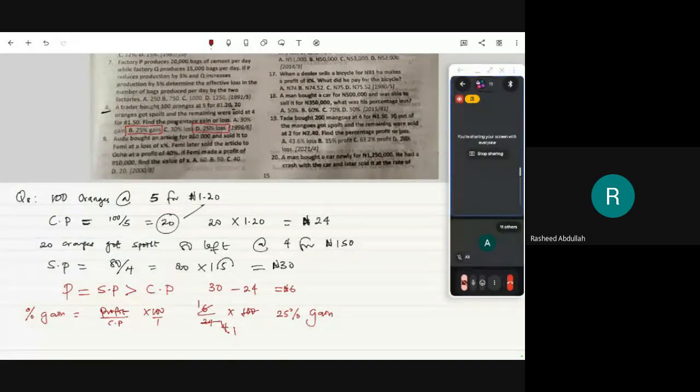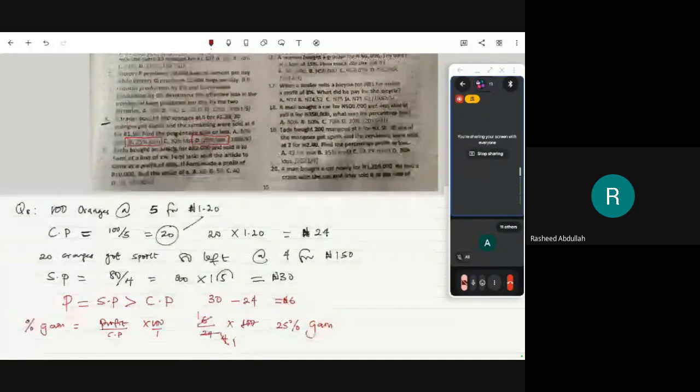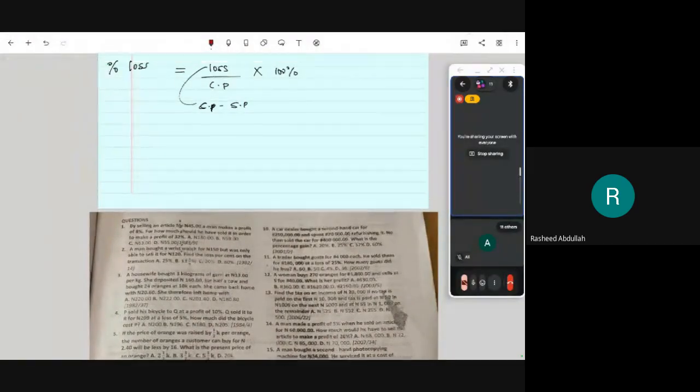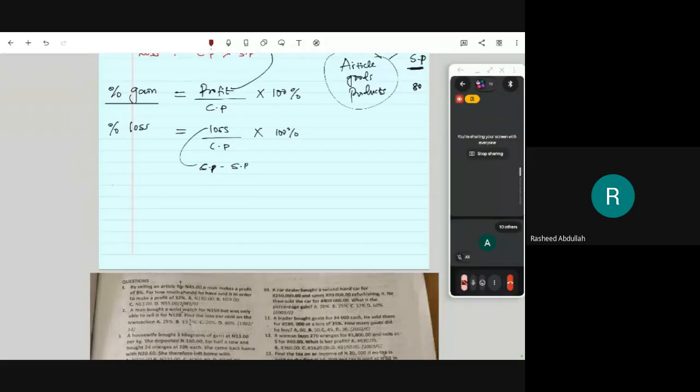Now, we can use that idea to solve question number 10 as well. Let's solve question number 10 here. A car dealer bought a second-hand car for, this is the cost price. Cost price is equal to 250,000. And spent, that money is spent on it. It's also part of the cost price.